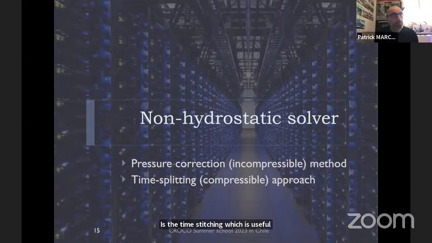And CROCO is at the moment the only ocean model that proposes this type of approach. Actually, we have both approaches for CROCO. The pressure correction method is proposed in a version of CROCO, but not in the distributed version of CROCO. Only the second method is proposed in the distributed version at the moment. The two methods will be proposed at some point.